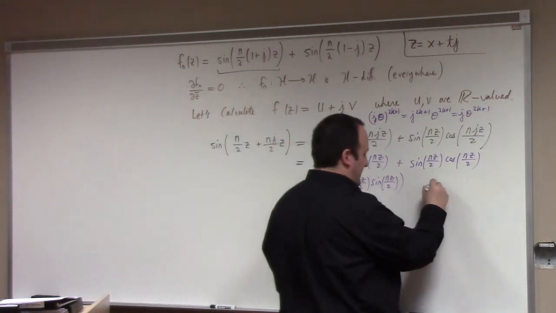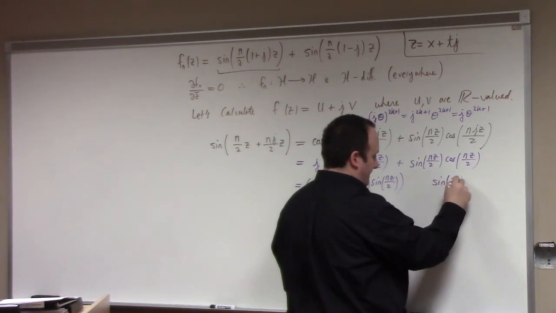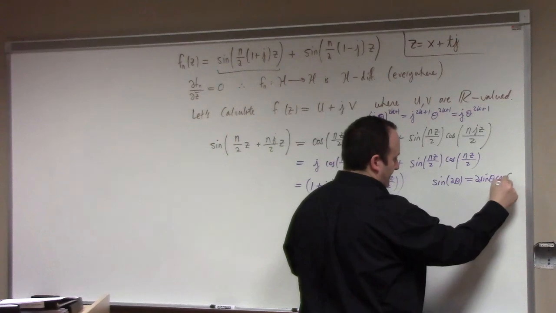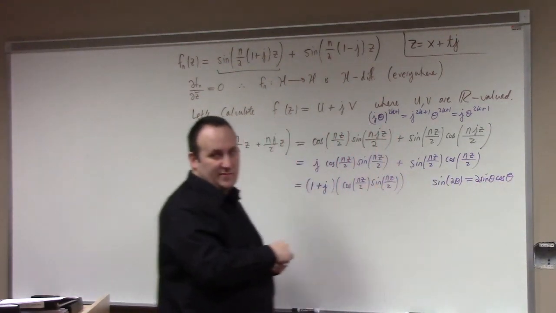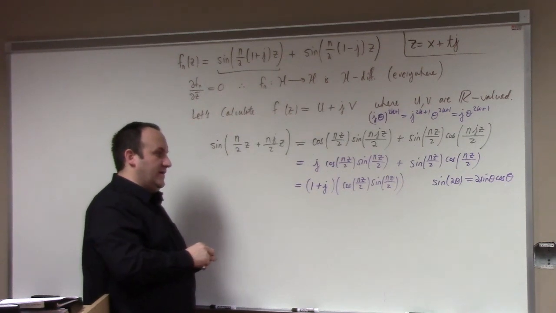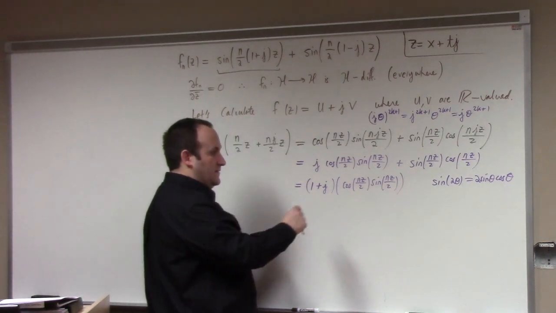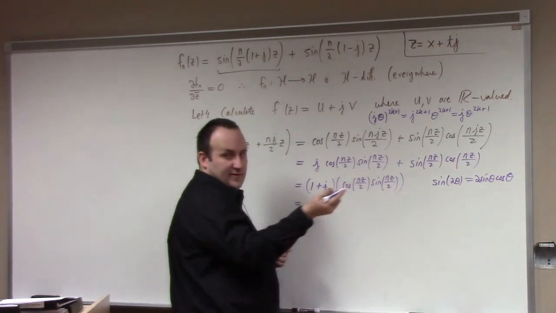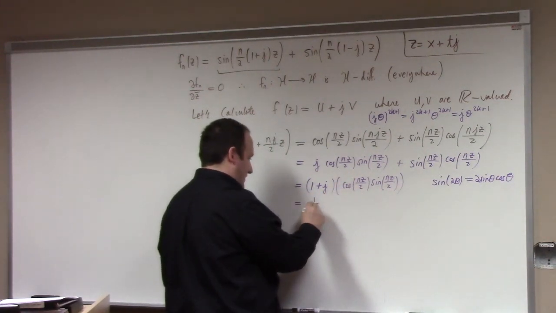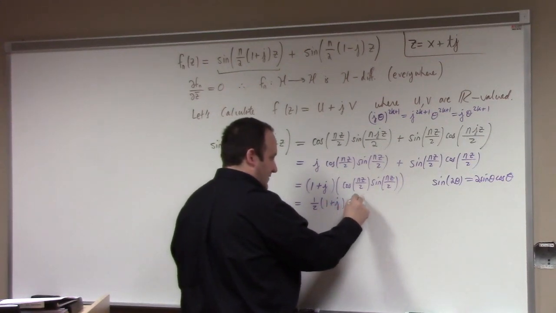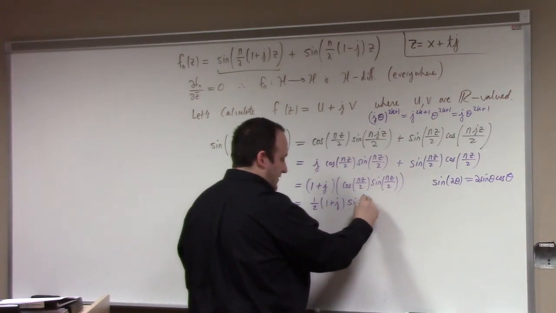So we know that sine 2 theta is 2 sine theta cosine theta. That's actually something that's true for sines over any algebra, in particular hyperbolic. So that gives me, I need a half, so 1/2 times 1 plus j times sine of nz.